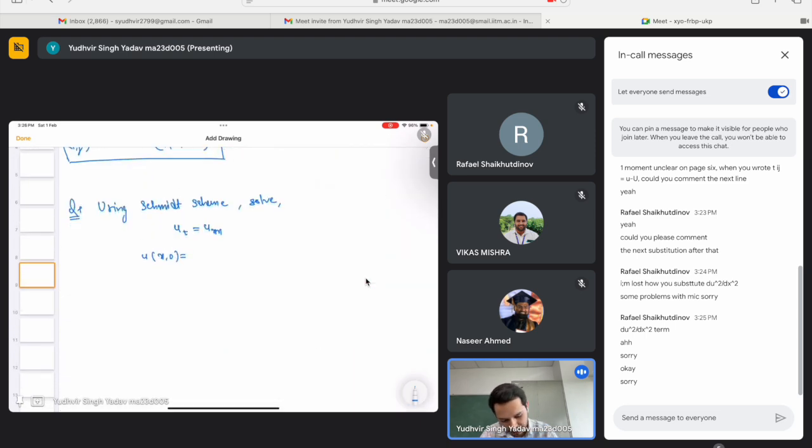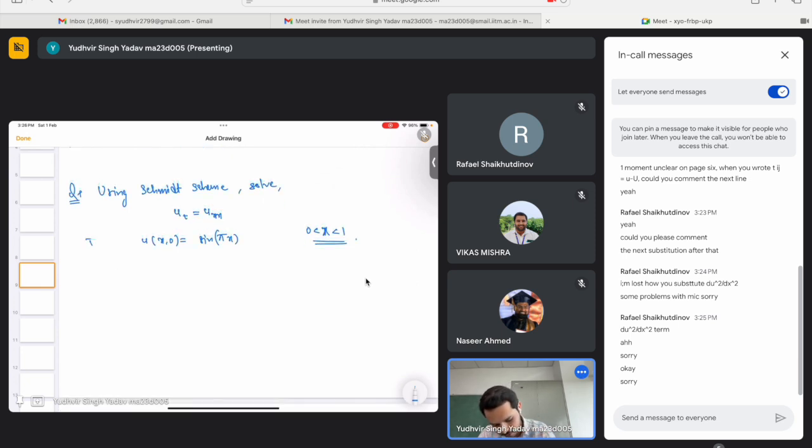So in this question, we will have the initial condition as sine pi x, where x is from 0 to 1. And the boundary conditions are given.